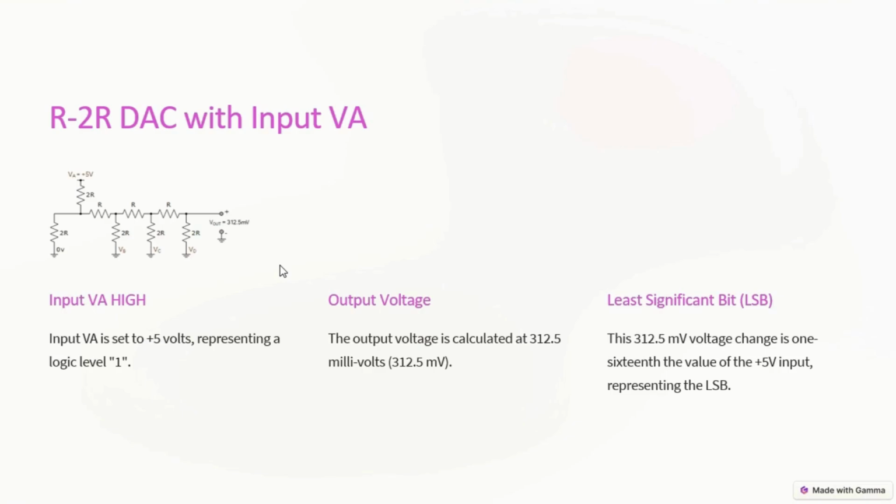Being the least significant bit, input VA will therefore determine the resolution of our simple 4-bit digital to analog converter, as the smallest voltage change in the analog output corresponding to a single step change of the digital input. Thus, for our 4-bit DAC, this will be 312.5 millivolts for a 5 volt input.